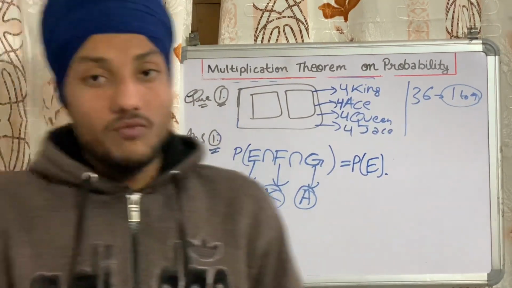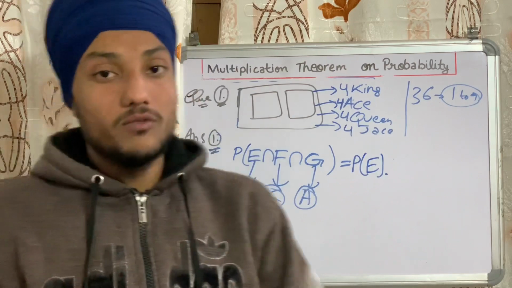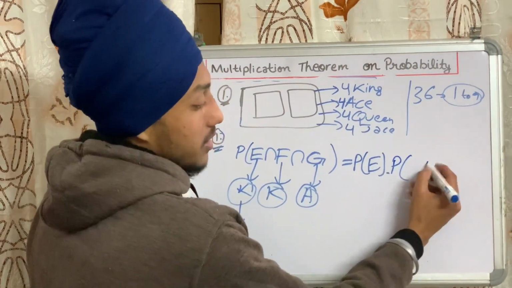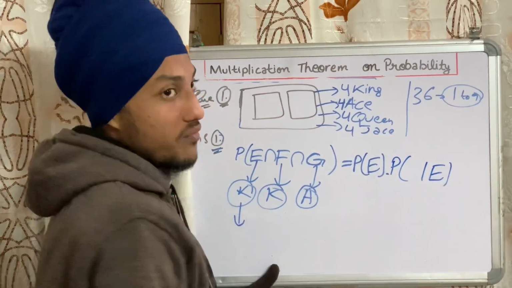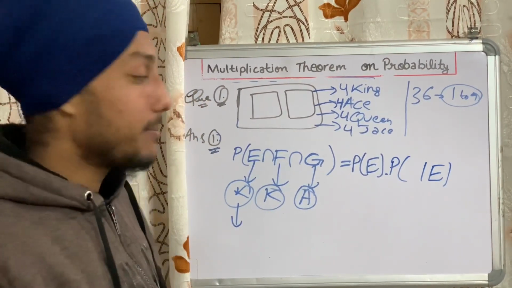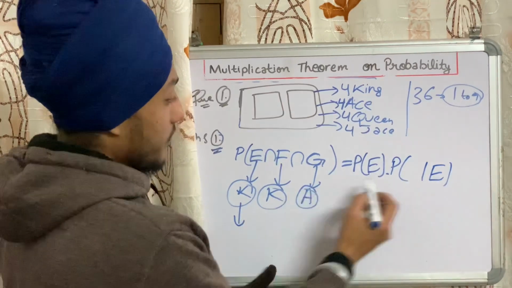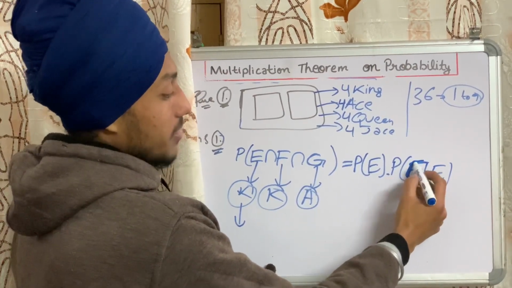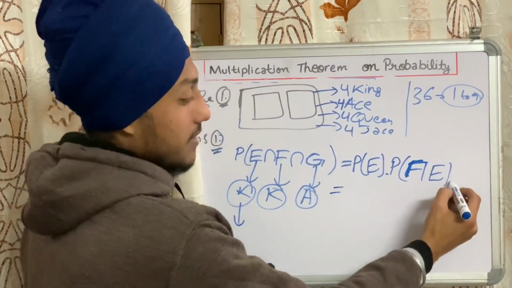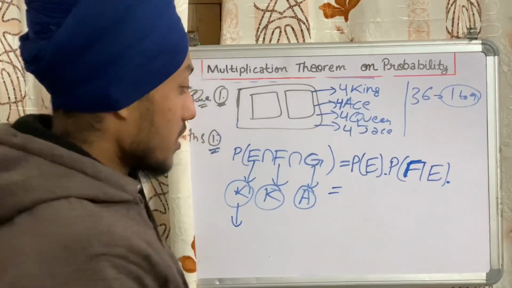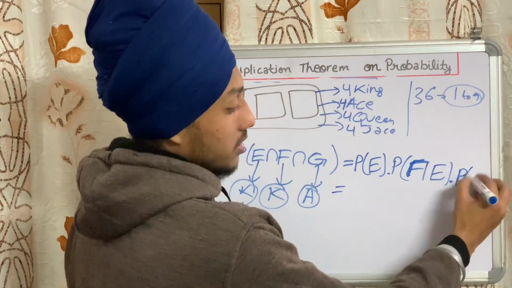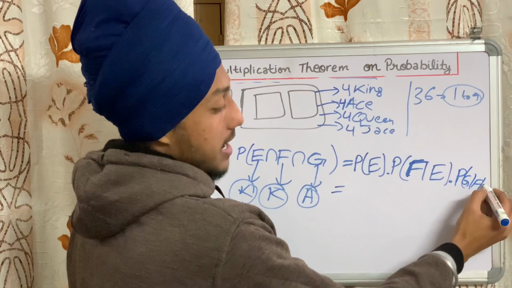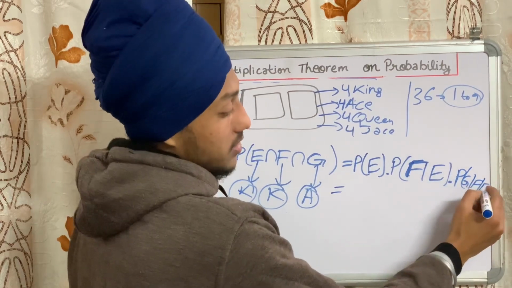So here it should be noted that we have put 1 card, and in another step we're going to take out, we have to apply the condition of E, because E has already happened. So we are also going to find F again. Then after it, we're going to find G such that F already exists and E already occurred.